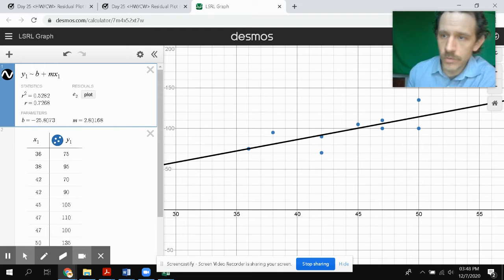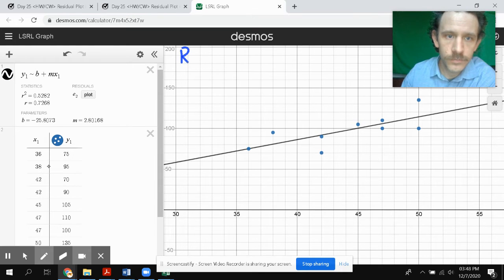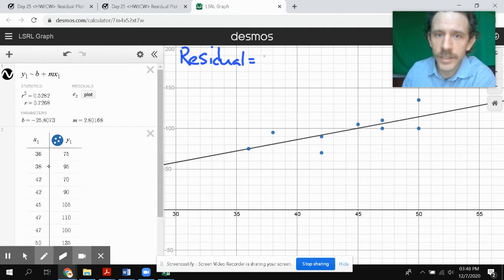Because to get the residual, if we remember, what is the equation of a residual? Residual equals actual minus predicted, right? Remember that? AP. Our actual is the y value.